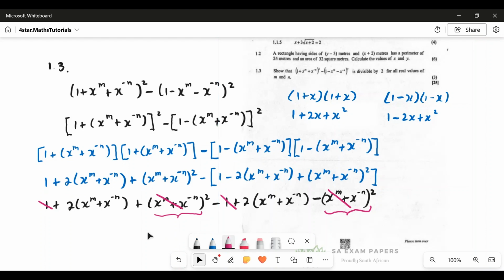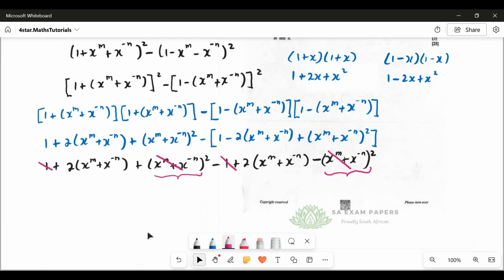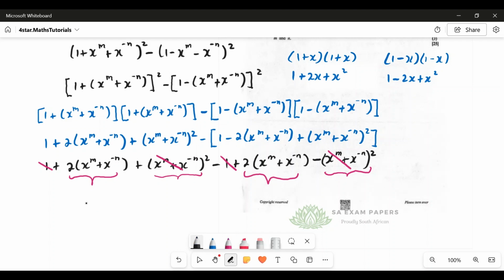So we are left with this one and this one, the like terms. Then we are going to have 4 into x to the exponent of m plus x to the exponent of negative n.